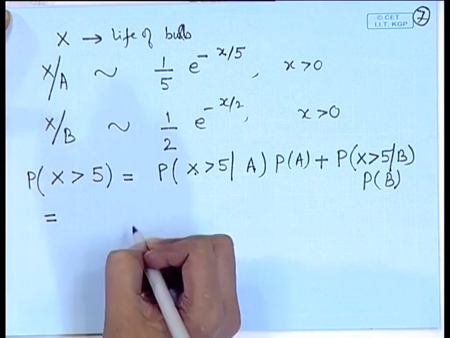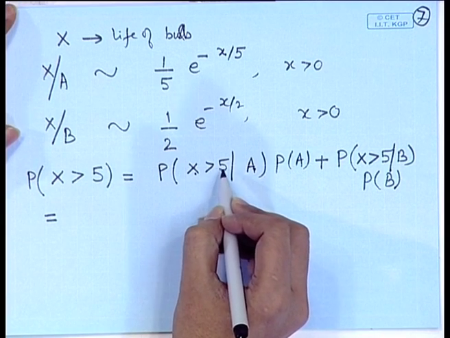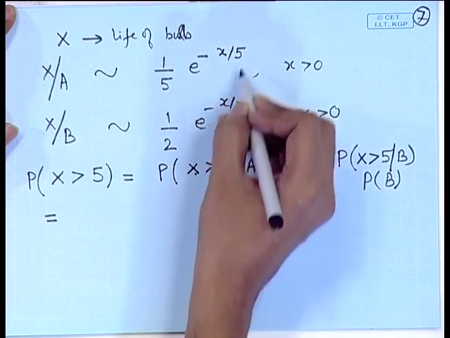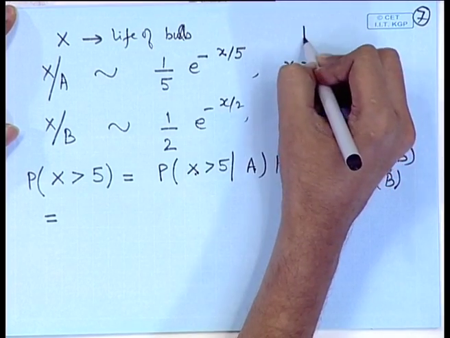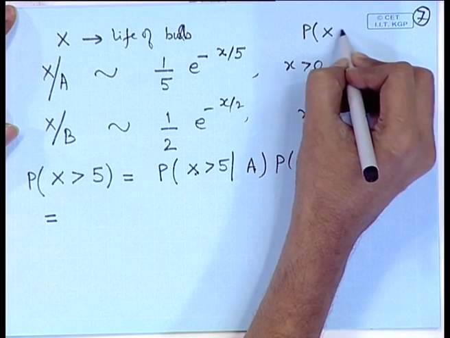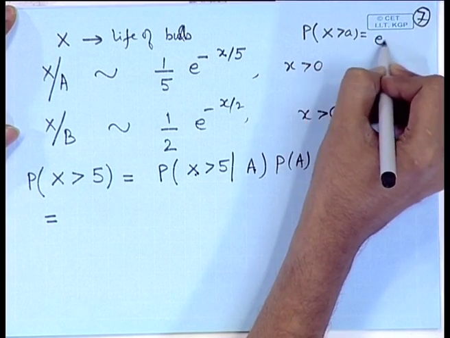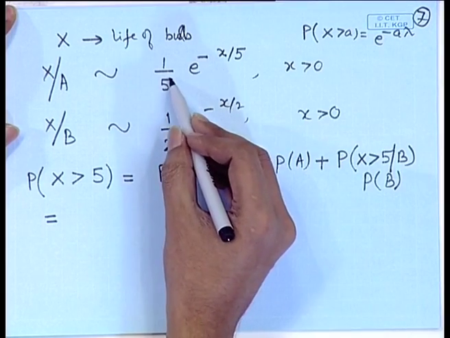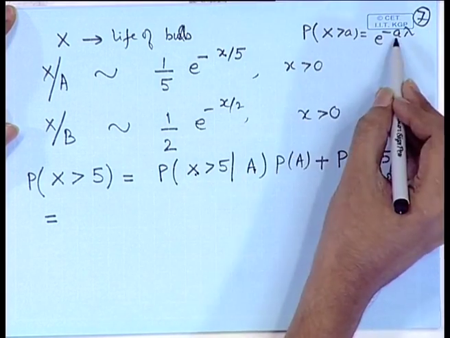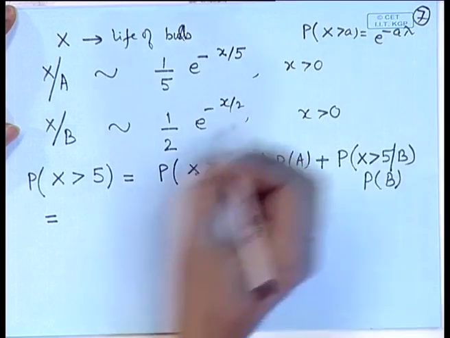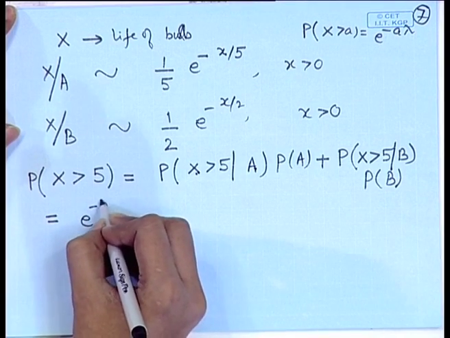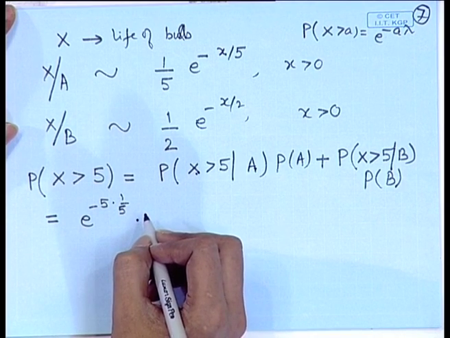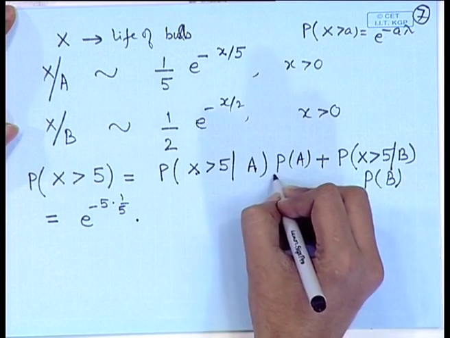So, this is equal to, now if we are considering probability of x greater than 5, then consider the general formula: probability of x greater than a is equal to e to the power minus a lambda. So, here lambda is equal to 1 by 5 and a is equal to 5. So, this becomes e to the power minus 5 into 1 by 5 into probability of A. Now, what is probability of A?